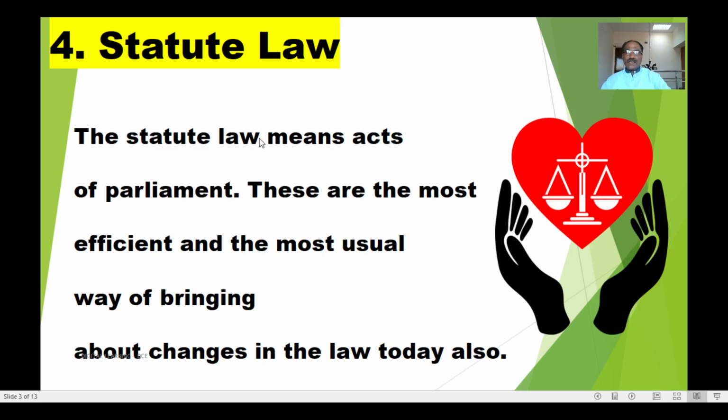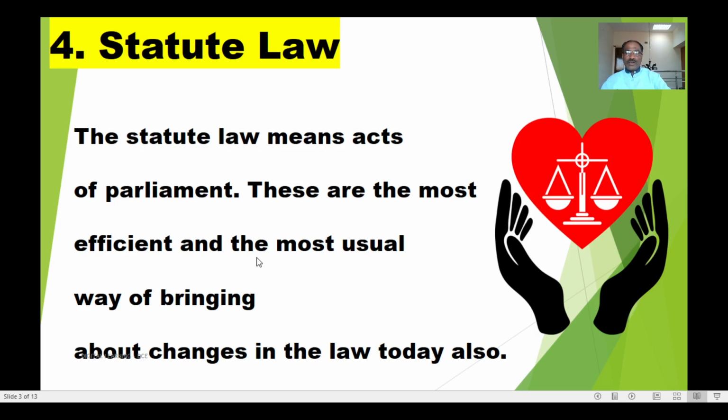And if any law is approved by the governor of a particular state, that law is also called the statute law. Therefore, statute laws are the most efficient and most useful way of bringing about changes in the law today also.